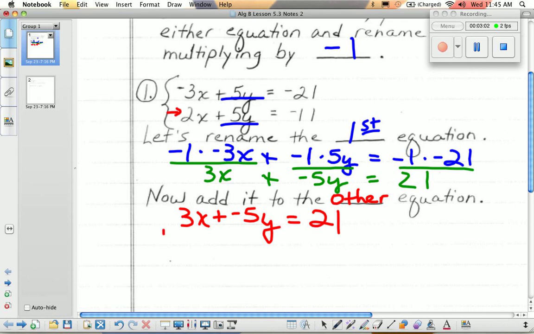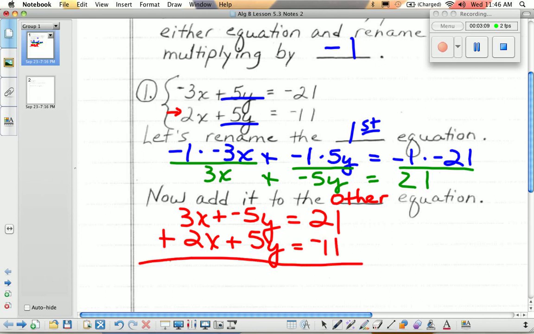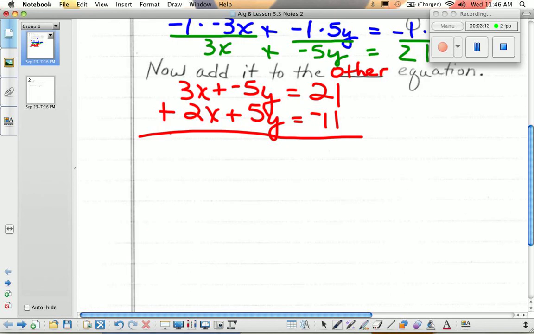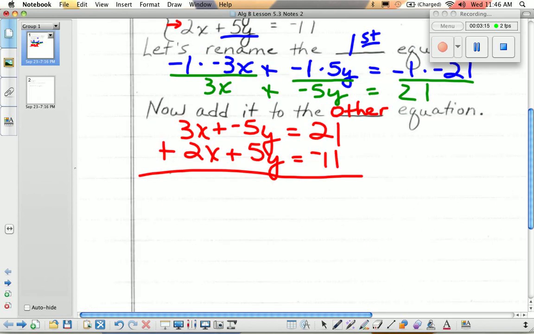We need to add it to 2x plus 5y equals negative 11. So we rename the first equation, now we add it to the other equation. Because trust me, if you add it back to itself, its old equation, the one that you renamed is just going to turn out to be a bunch of zeros.